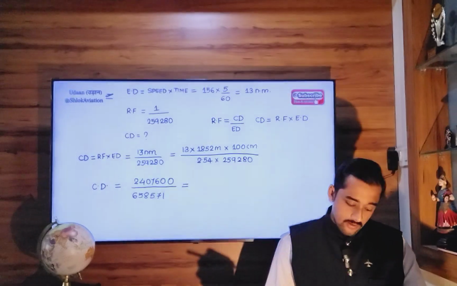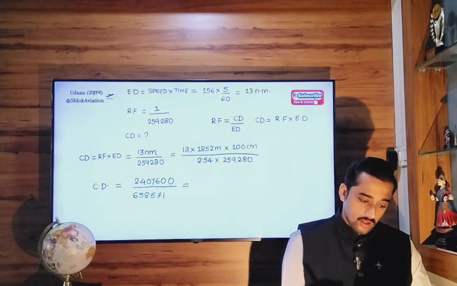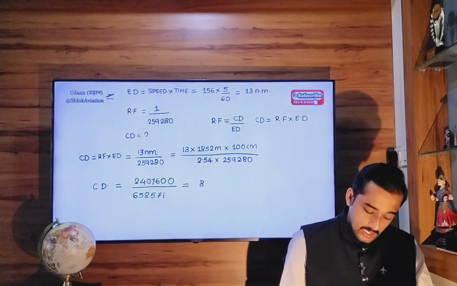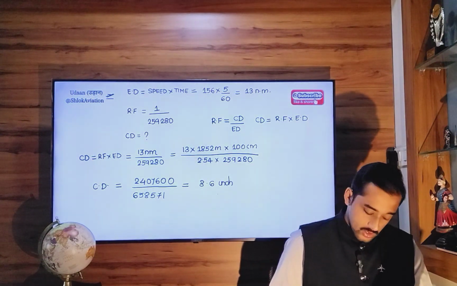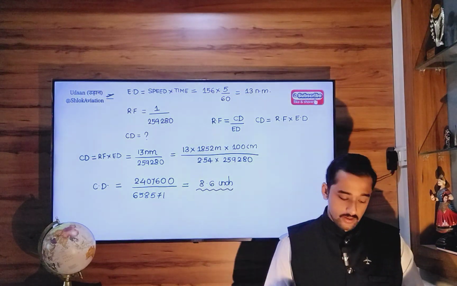Now do the division. 2407600 divided by 658571, which is 3.6 inch. So our final answer is 3.6 inches.